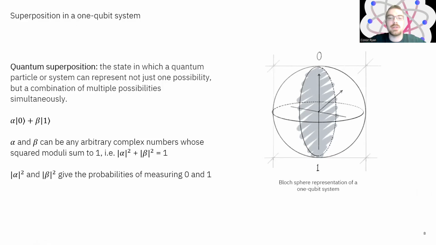Just like a classical bit, still 0, still 1 when you measure it. And then we have to obey the laws of probability, so the sums of these absolute value squareds must be 1, because no matter what we get in the measurement, it has to be something out of all possible measurement outcomes.